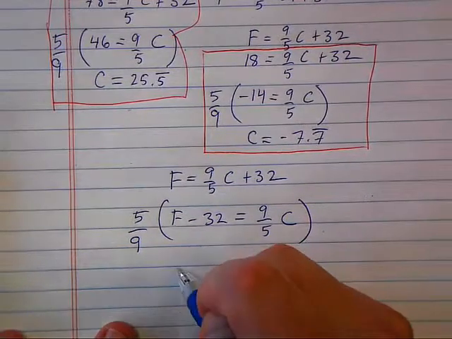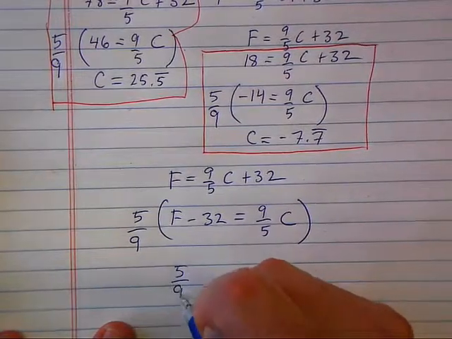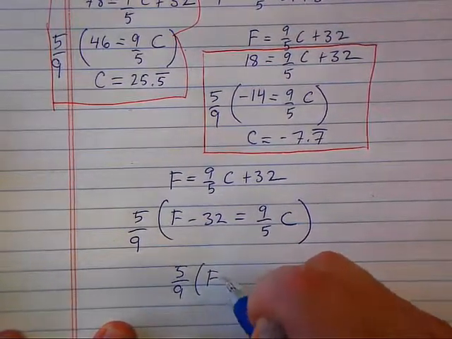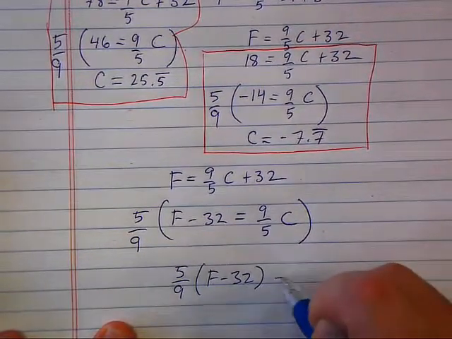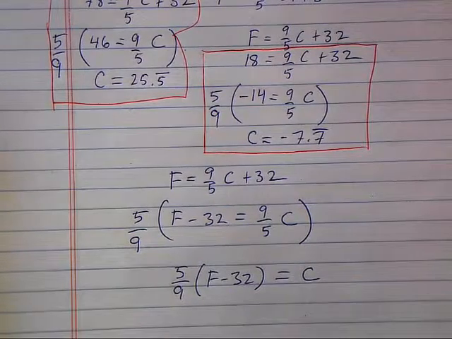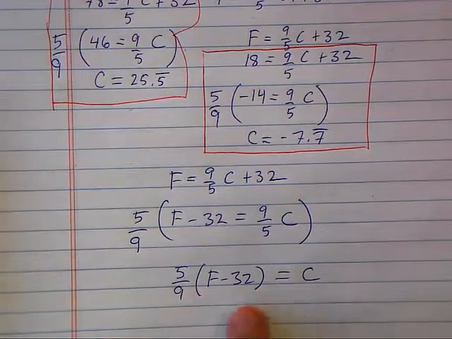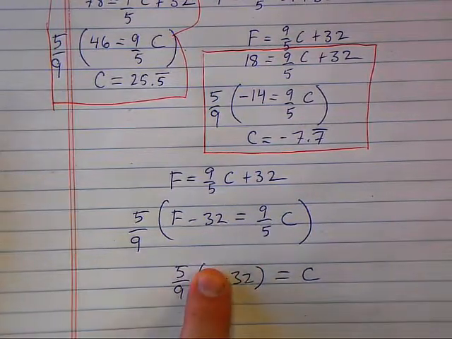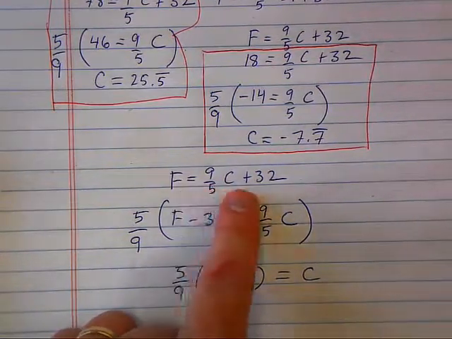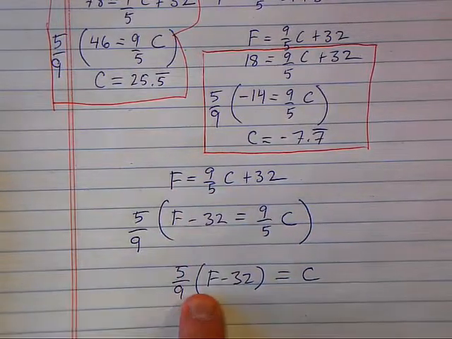So our answer would be 5/9 times F minus 32 equals C. Now for what we want to do, I think that formula is more useful. If I want to plug in F numbers, I think this formula is more useful than the original formula we came up with. Why is this one more useful?